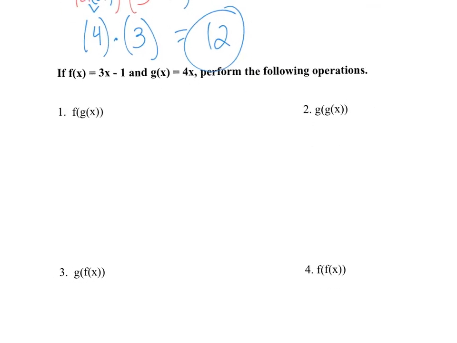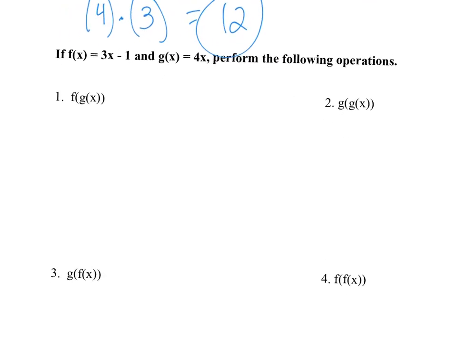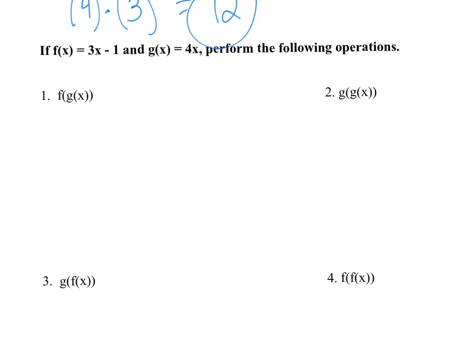Okay, so I want you guys to do these 6 by yourself. For the 3 of you that weren't here, please ask me questions, okay? If you don't understand, I'll come over and I'll show you one, and then you can kind of do the rest on your own. But follow those steps that I gave you for the first 4, okay? The first 4 are the first steps that I gave you. The last 2 are just function operations, okay?